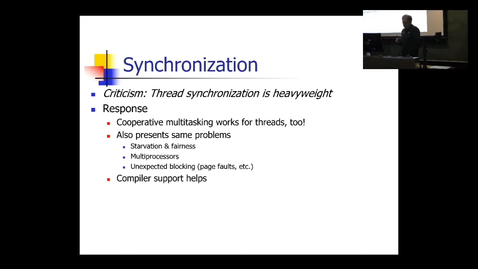And just like events, this presents the same kinds of problems that we have with events of basically unexpected blocking, supporting multiprocessors, if we're just doing cooperative multi-threading, effectively user-level threads within the process. But all those problems exist with events as well. So we can apply the same kinds of solutions that the event-based people do in the threading context.